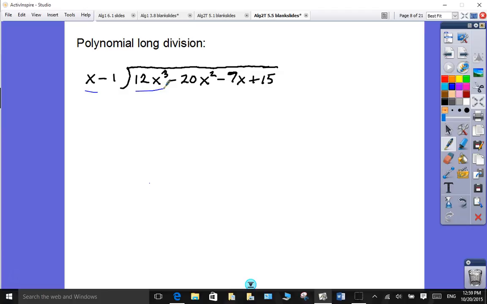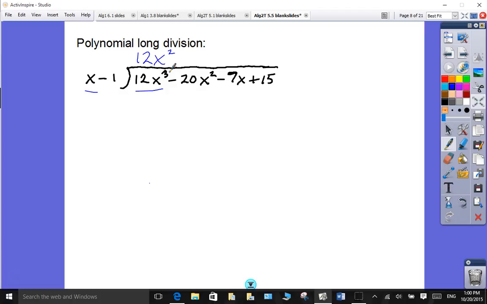What would you multiply times x to get 12x to the third? 12x squared, right? So that's what goes on top, 12x squared. Just think to yourself, what do I multiply times the x, the first term on the outside, to get 12x to the third, the first term on the inside?